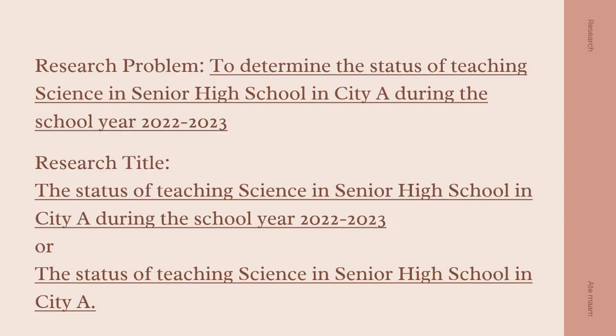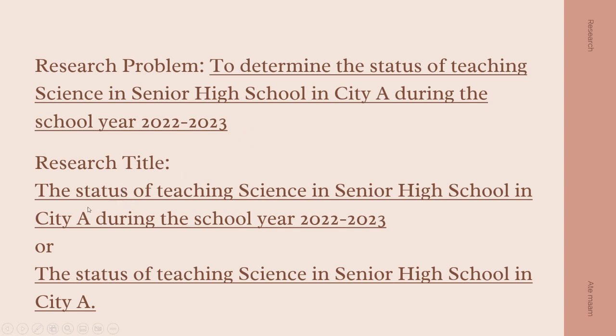It really depends on you how to make your research problem concise and understandable by your readers. Next, how will we make this research problem into a research title? We already know that our research problem is to determine the status of teaching science in senior high school in CTA during the school year 2022-2023. Making it more concise and brief will be your research title.